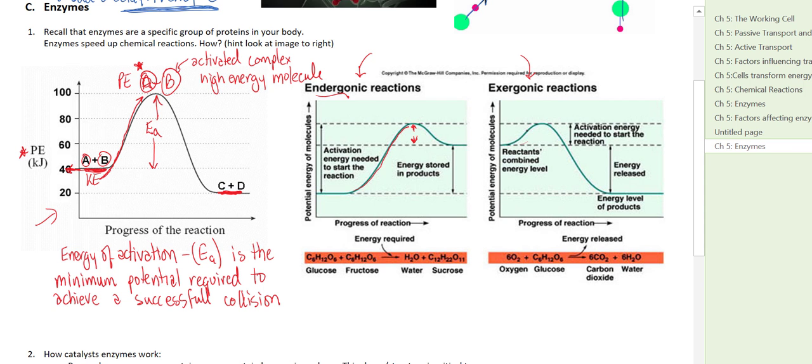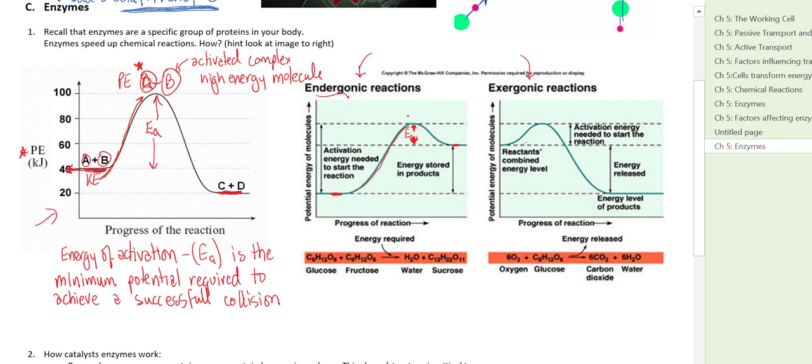And then where you end up in the aftermath is going to determine whether the reaction was endergonic or exergonic. So in this case, the products ended up higher than the reactants. So overall energy had to have been put in, but the energy required to achieve a successful reaction, we call the energy of activation.